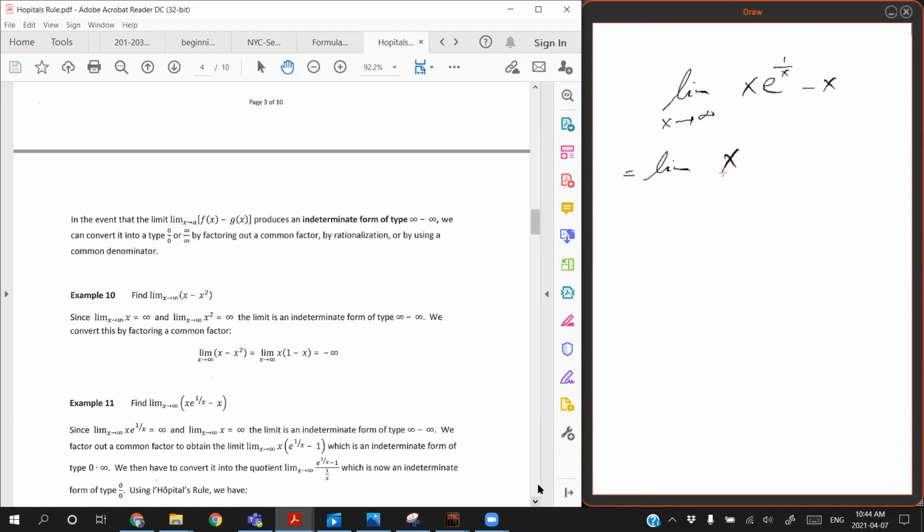However, if I factor out the x, I get e to 1 over x minus 1, x approaches infinity. So now it's infinity times 0. So I began at something that was infinity minus infinity. I factored out the x, and now I am at infinity times 0, and I know what to do with that. I can write that as limit of, I'm going to keep the e to 1 over x minus 1 on top and move the x down and flip the sign of the power.